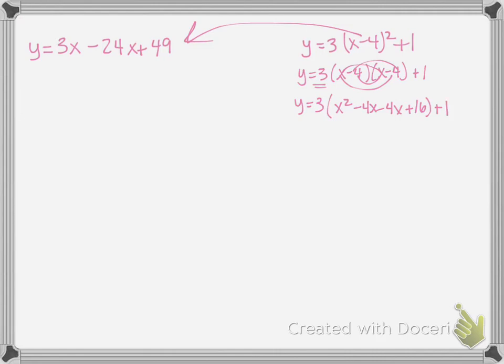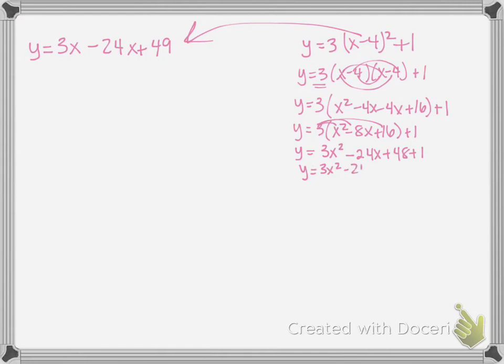I still have that plus 1 sitting on the outside, and now let's simplify in my parentheses. So I get minus 8x plus 16 plus 1. Now my next step, I can distribute it in. But I want to simplify those parentheses before I distribute the 3 so I don't mess it up. So I get 3x squared minus 24x, 16 times 3 is 48, plus 1.